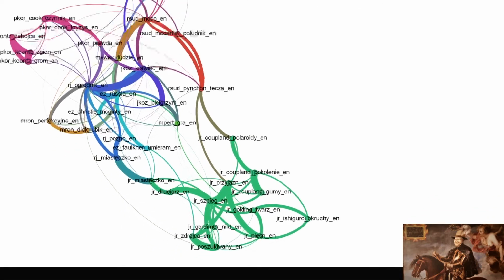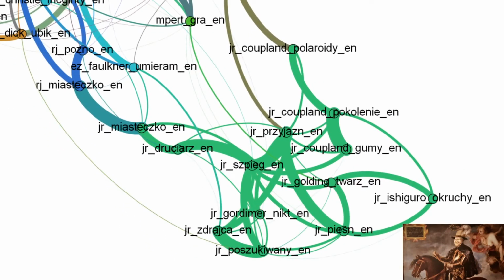Well, I am particularly ashamed of this part of the network. Anything that is green is mine. And you can see that the problem is that apparently whether I translate John le Carré or other authors like William Golding, Kazuo Ishiguro, Nadine Gordimer, they seem to be all sticking to one part of the network. They seem to be forming almost their own community.